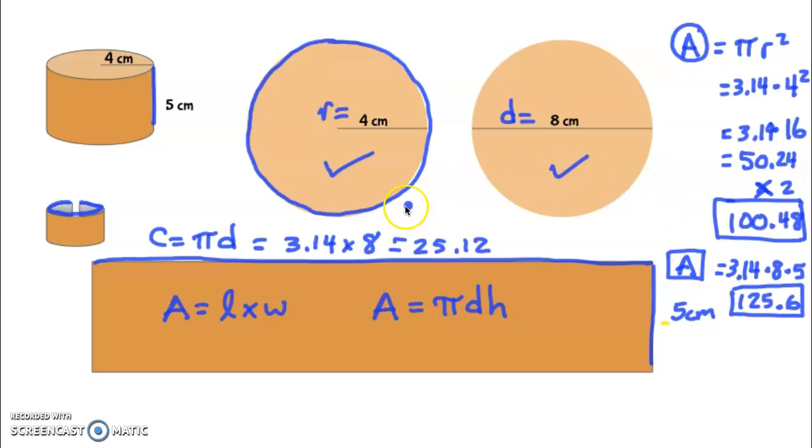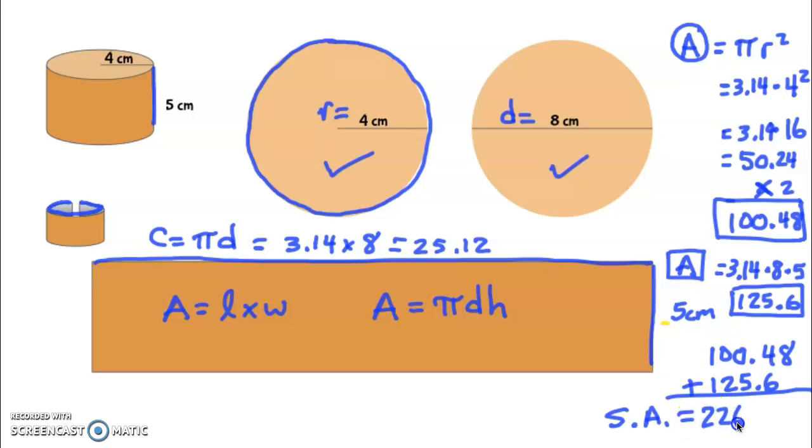And now to find the total surface area, we're just going to add those two together. So 100.48 plus 125.6 gives us a surface area of 226.08, and since it's area or surface area, it's going to be in square centimeters.